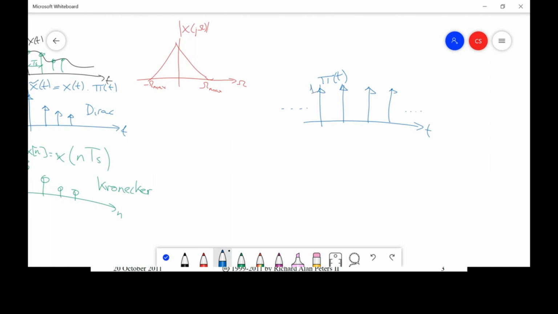You know that the 1 is not the height, it is the area of that delta. The height goes to infinity, but the area is 1.